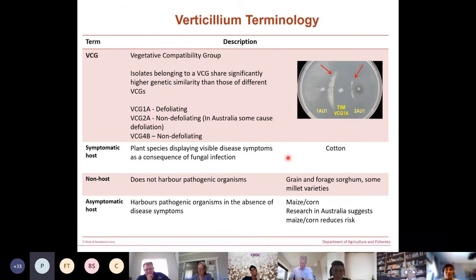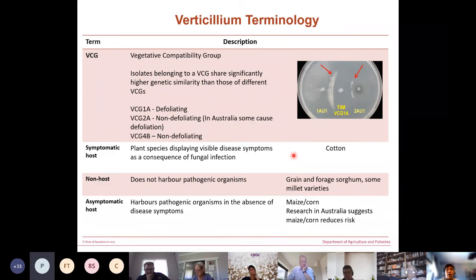Symptomatic hosts. This is always an ever-changing area, whether something is a symptomatic host or not, because Verticillium dahliae has this incredible ability to evolve to become pathogenic on new hosts.